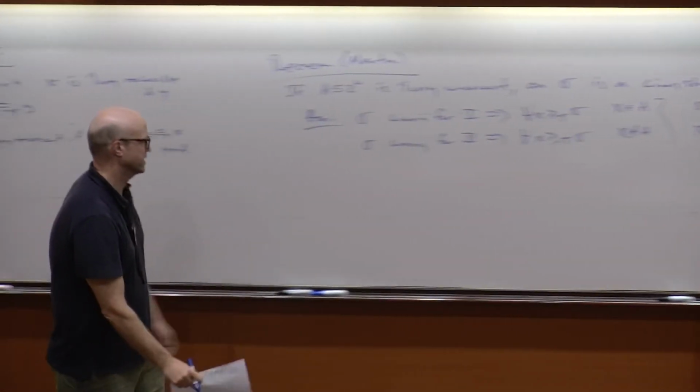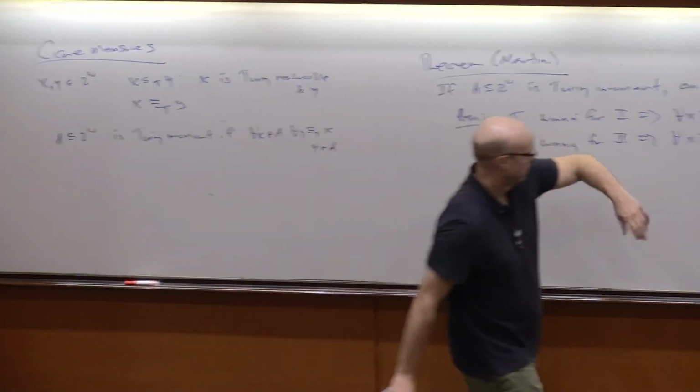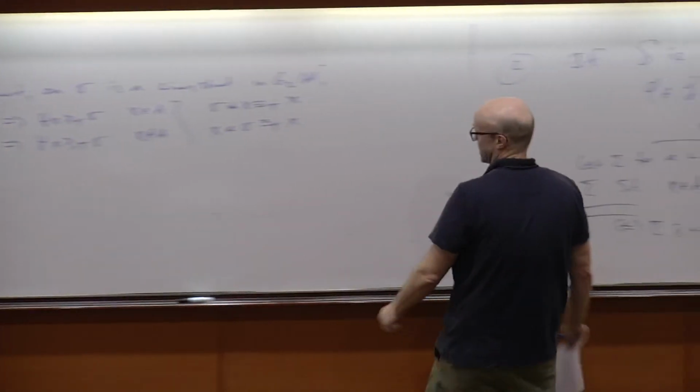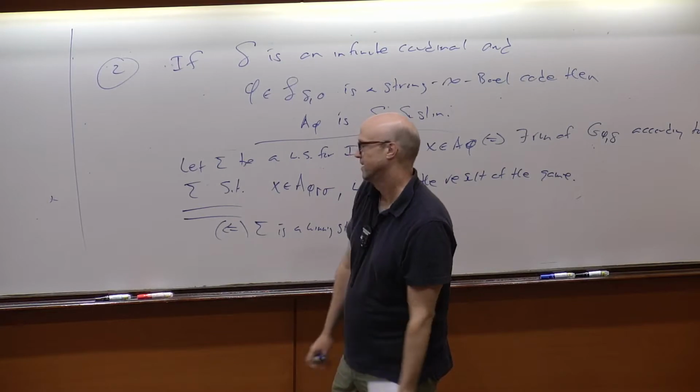So in either case, if I have a winning strategy in this game, then in the first case, A contains the cone above the strategy. In the second case, it's disjoint from the cone above the strategy.